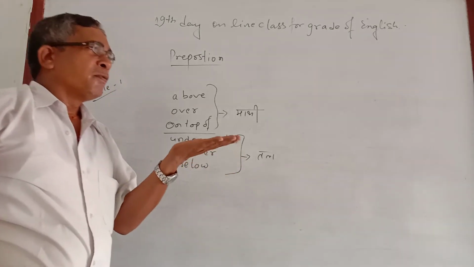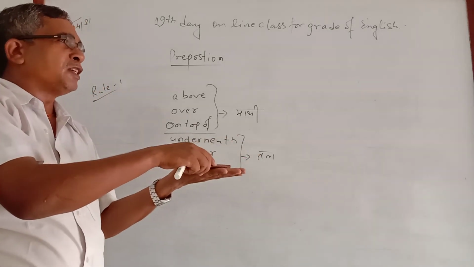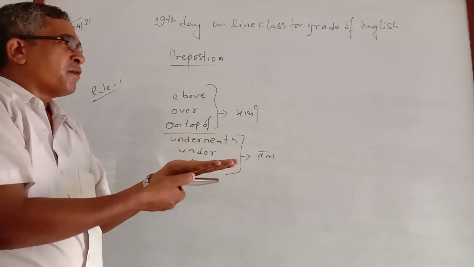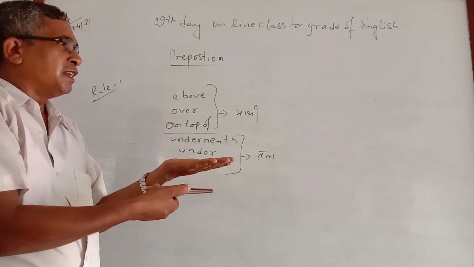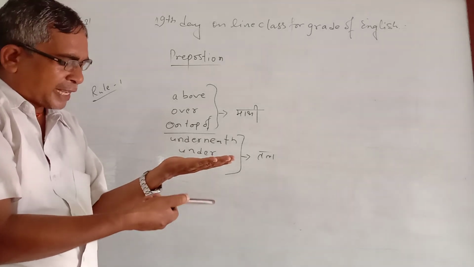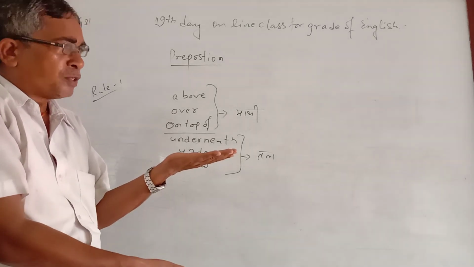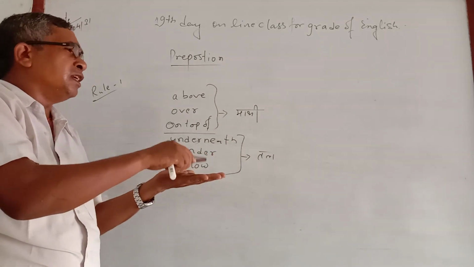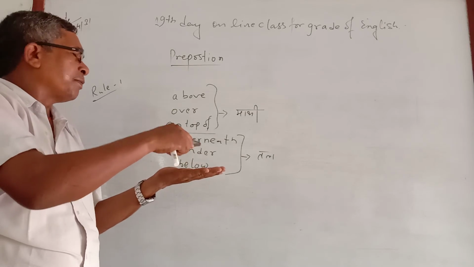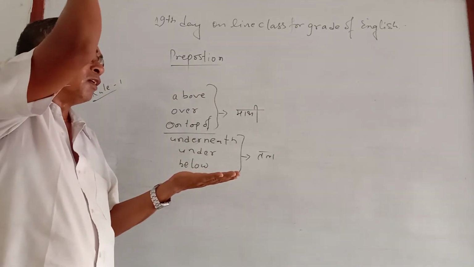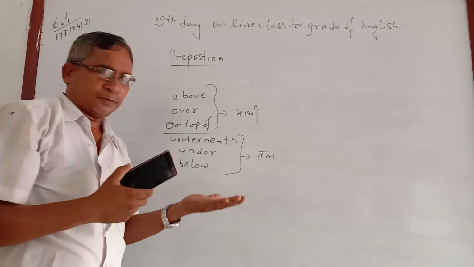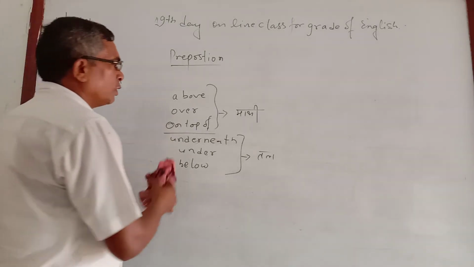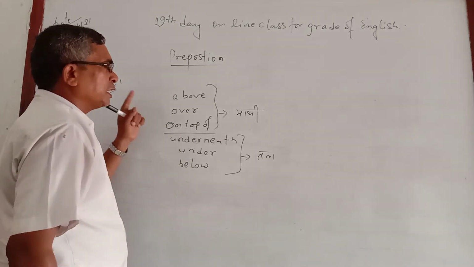Once again, touching the base, on top of; lower side touching the base, underneath; releasing the base, then under. After that, as deep as you can go, all that is called below. Similarly, upper side releasing the base, over. After that, as high as you go, all that is called above. So to make it more clear, I am going to provide you 6 examples.